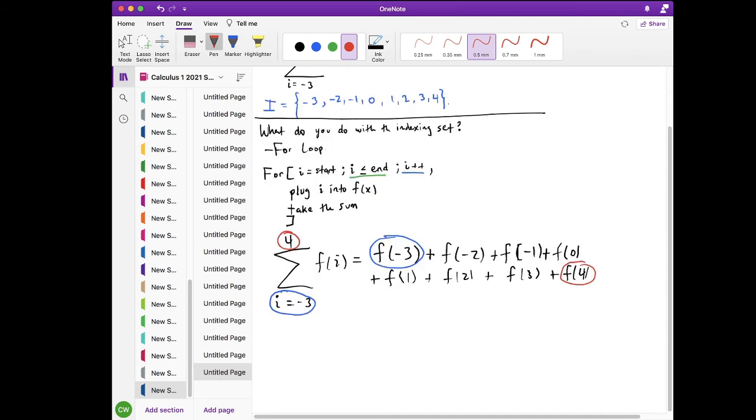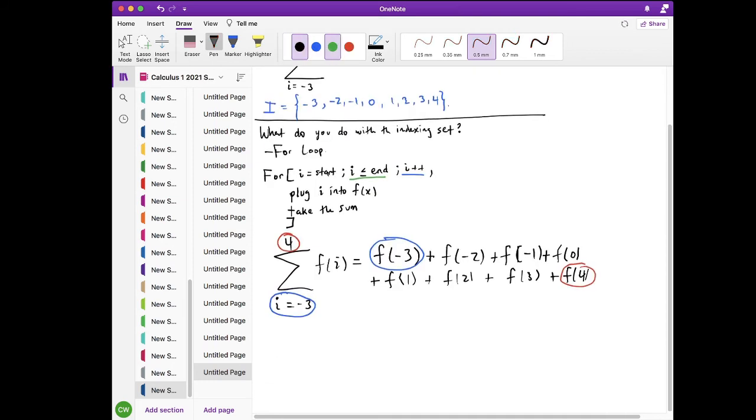So what is this f of i? f of i is a function with variable i. If you're uncomfortable with all this indexing stuff, the best way to think about it is that i is a variable.